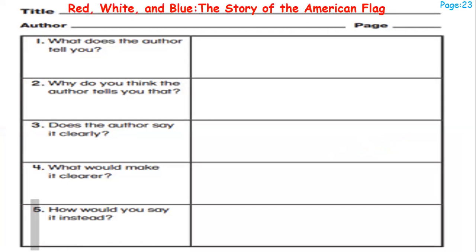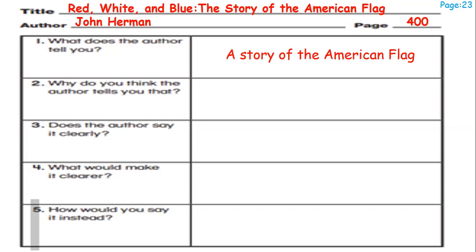Yes, Red, White and Blue, the story of the American flag. Now the author is John Herman, and the story page is 400. Now, what does the author tell you? He tells us a story of the American flag, right?